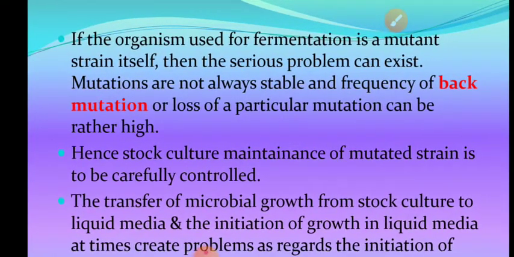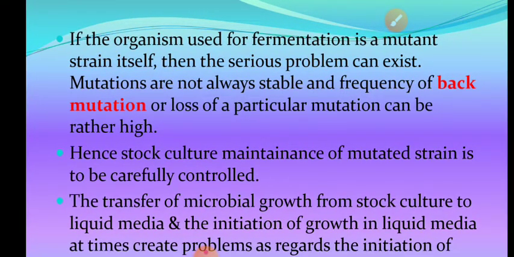Now, if for production you are using a mutant strain itself, that means the organism used for the fermentation is itself a mutant strain, then a serious problem can exist. Why?